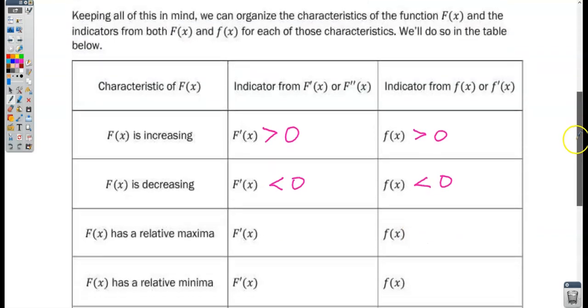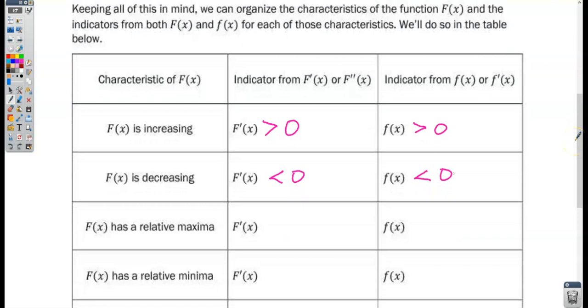Okay, when capital F of x has a relative maxima, that means capital F prime of x changes sign from positive on the left to negative on the right.